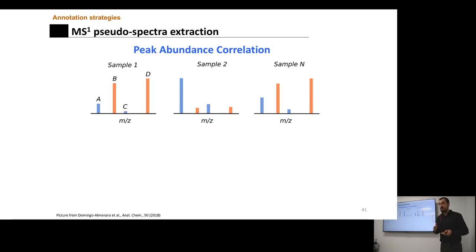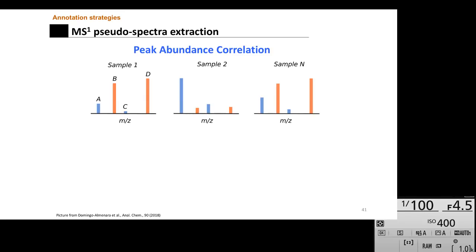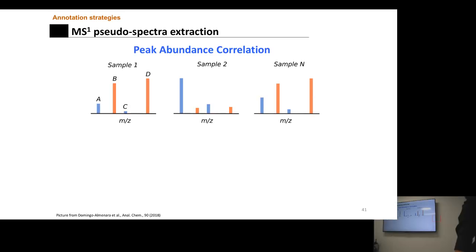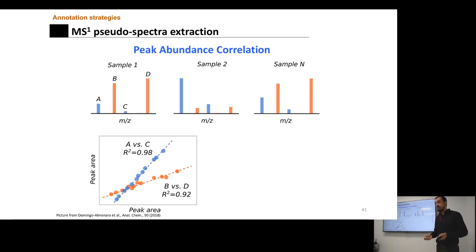The intensities are going to vary, but the ratio between the intensities among features that stem from the same metabolite is going to be the same. So in other words, if we compare the area of A versus C and the area of B versus D across the samples, we're going to observe a very high linear correlation, a strong correlation.